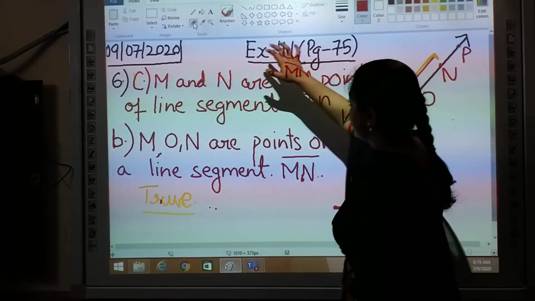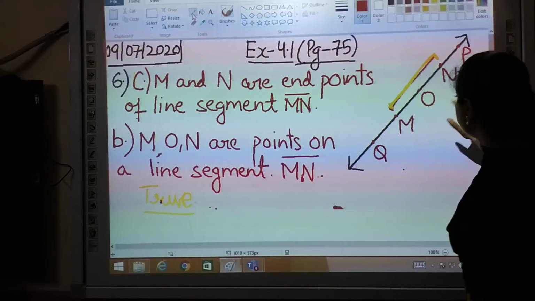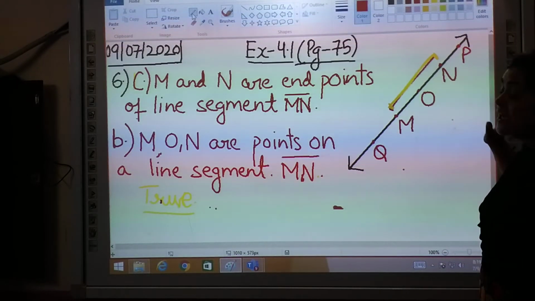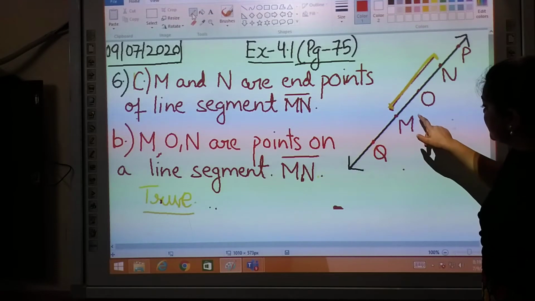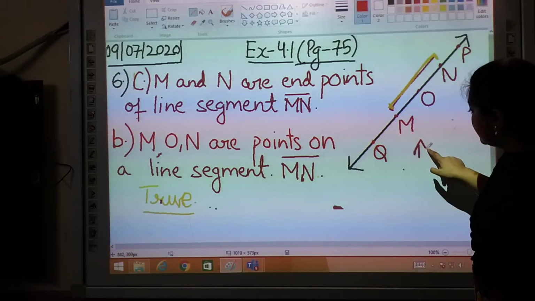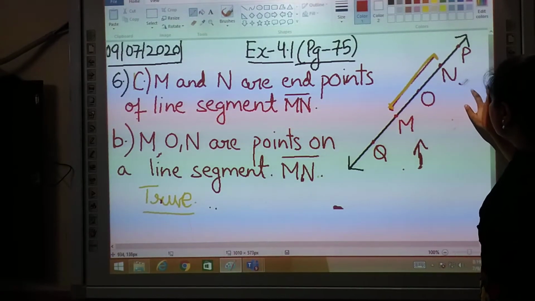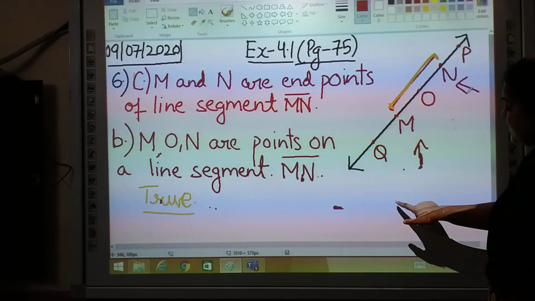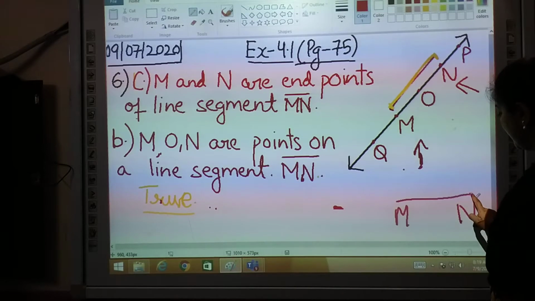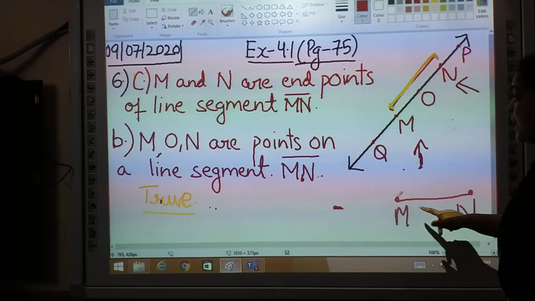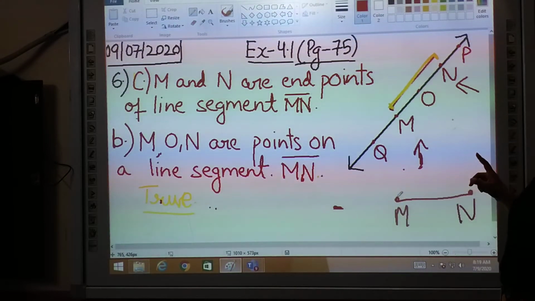So here is line segment MN. The starting point is here. This is the starting point and this is the end point. So clearly we can see that our line segment MN has 2 endpoints, namely M and N. So this statement is also true.